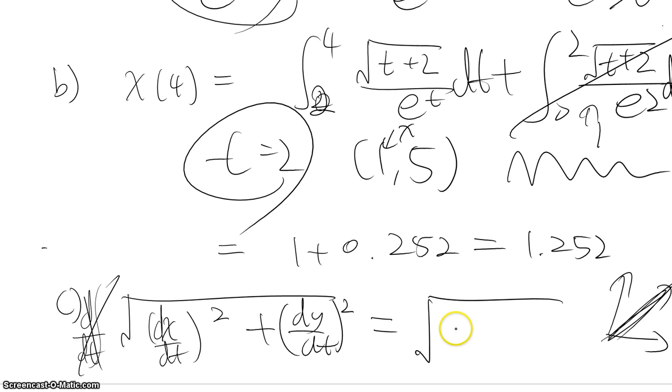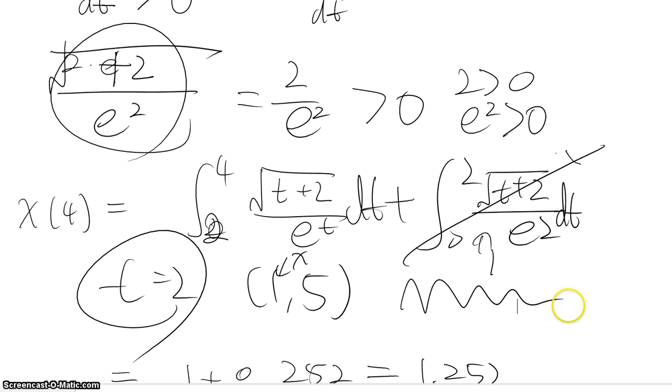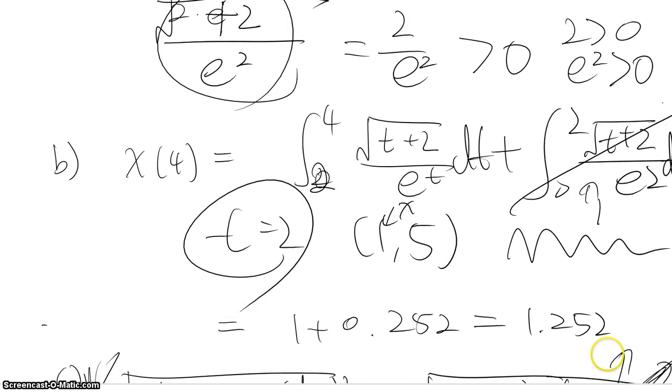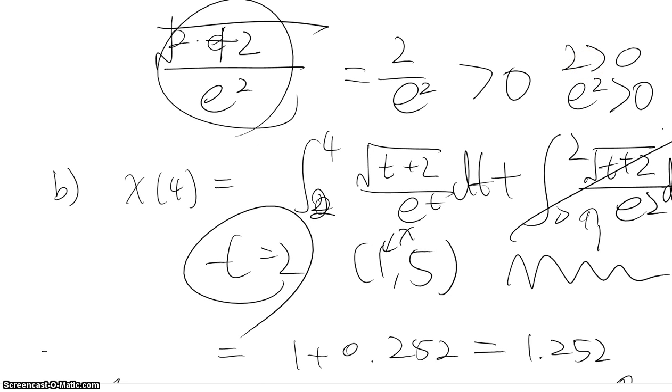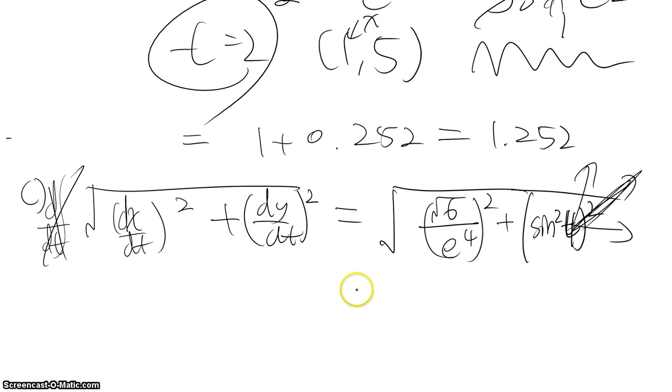The numbers are: square root of 6 over e to the 4, squared, plus sine squared of 4, squared. And that's going to get you 0.575. Sorry, I'm coughing a lot. I'm going to pause.